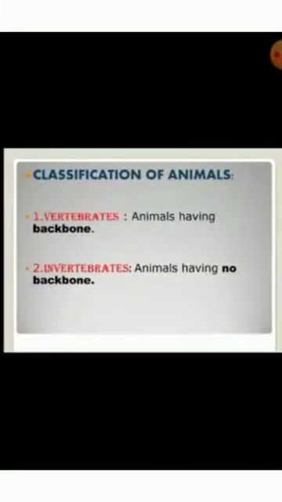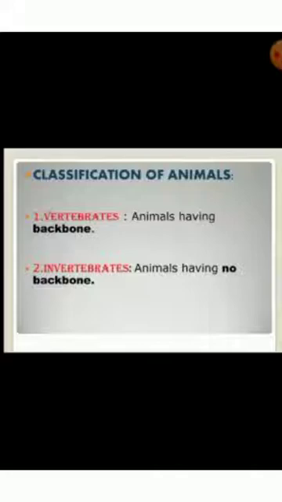So after the characteristics of the animals and human beings, we have a classification of animals also. We can classify the animals into two main groups. One group is vertebrates and the second is invertebrates.